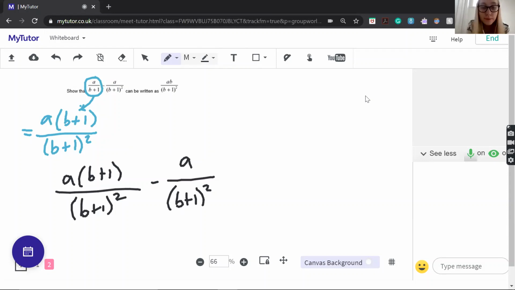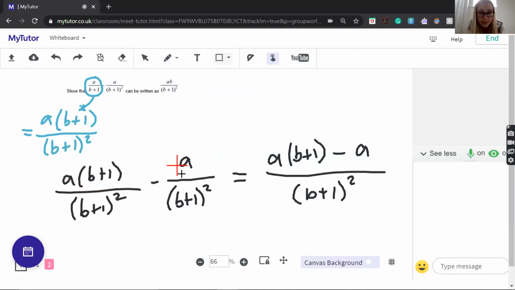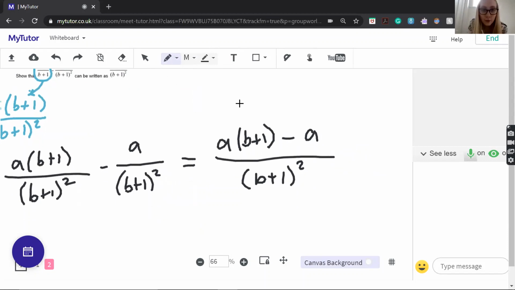So this is going to be a lots of (b+1) minus a, over (b+1) squared. Because they've got the same denominator, we can smush them together, smush that denominator, and then the top just combines. So we've just done this minus this. Hopefully that makes sense. And then we can see that we're really nearly there.